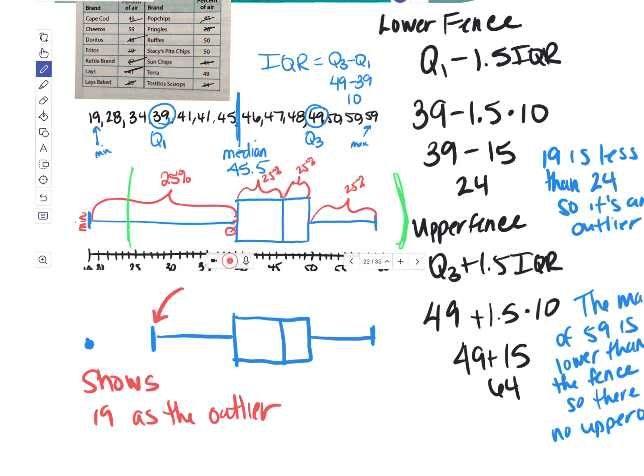Okay, this becomes 28, the next data value. That's not an outlier. So if you had another data value that was 20, that's still an outlier. So I would have another point there as an outlier. Questions?